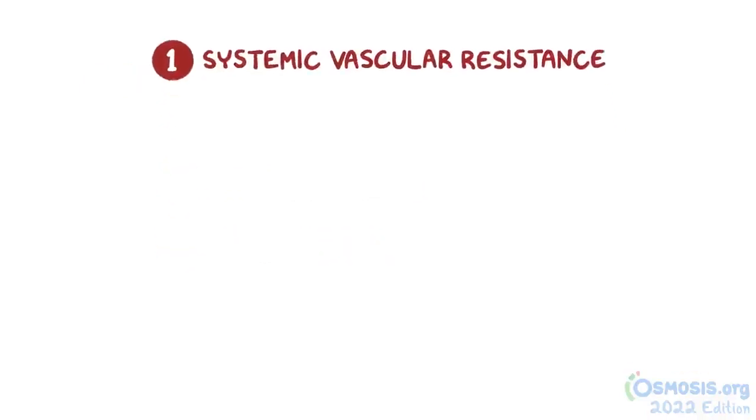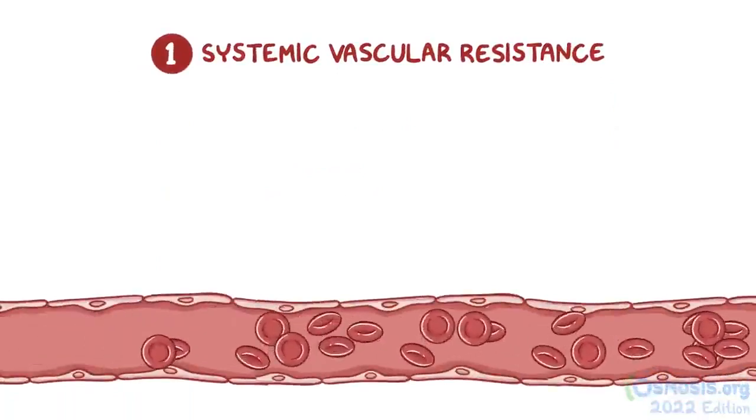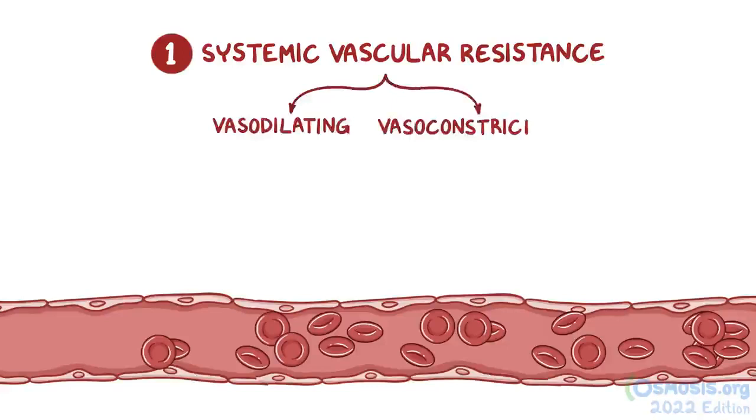Systemic vascular resistance is the resistance of systemic blood vessels to blood flow. In other words, how readily blood vessels allow blood to flow through them. Now, systemic vascular resistance is mainly affected by changes in the vessel lumen, which is determined by vasodilating and vasoconstricting factors.